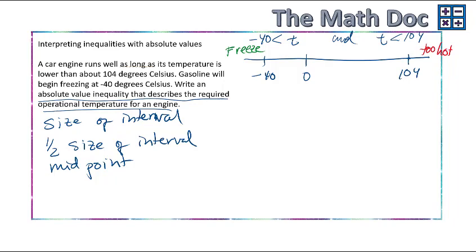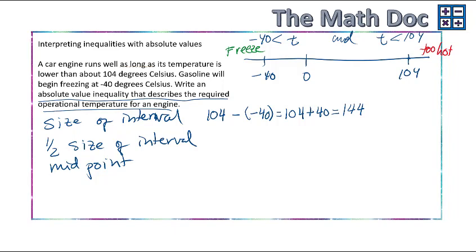Again, we take the larger number, 104, and subtract the lower one. The lower is negative 40, right? So we have 104 minus negative 40. Remember, we have two negatives, so that'll turn into an addition problem, and the entire interval is just 144.